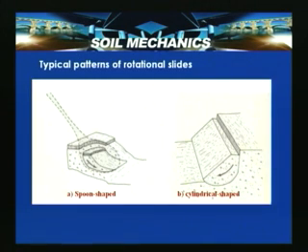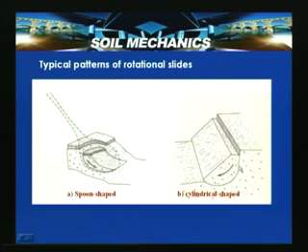So, as we have discussed, a typical pattern of rotational slides is shown. There are typical failures which can occur. Sometimes a spoon shaped failure can occur, where the entire portion is subjected to a slip in a localized zone, or sometimes, mainly for man-made slopes, a cylindrical shaped failure can occur for the entire section of a slope.